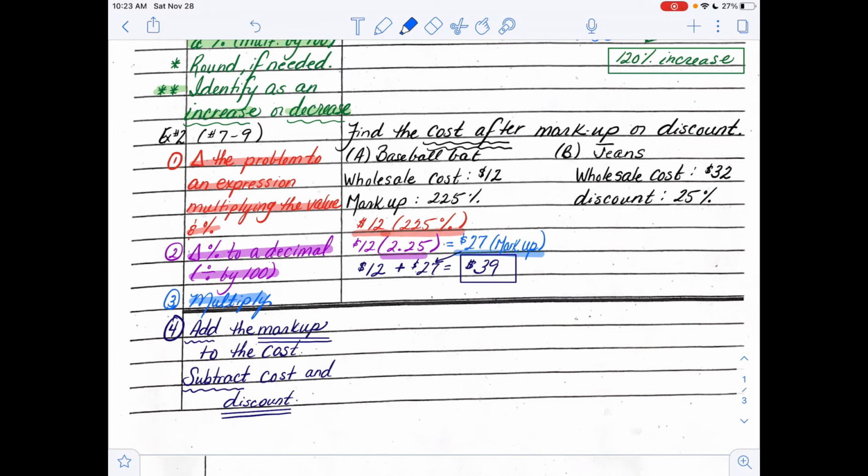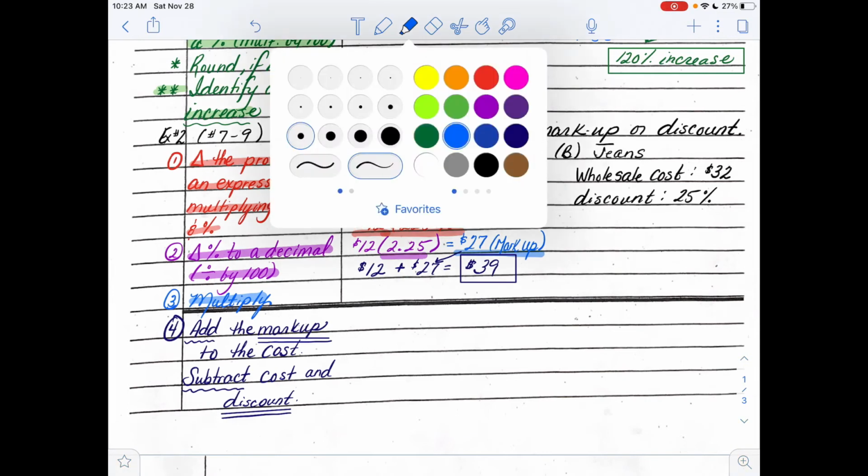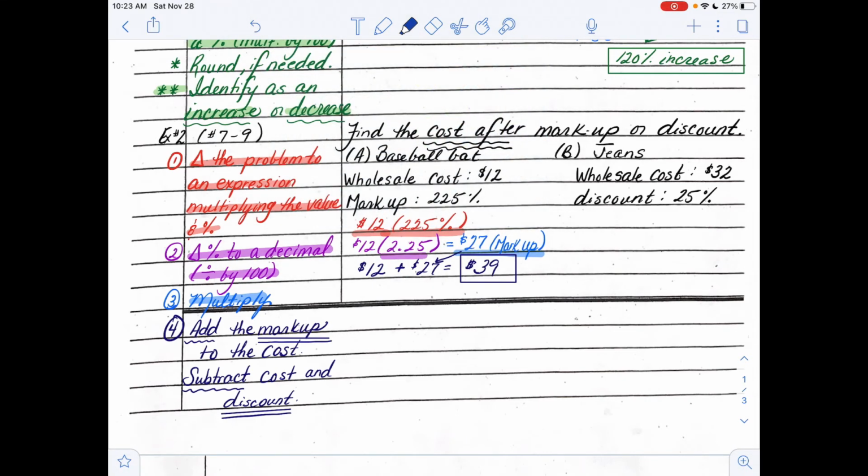That's how much extra they're going to charge their customer. So to find the actual cost after the markup, you're going to add the markup to the cost. So that $27, I actually have to add to what they bought the baseball bat for to begin with. So that's where I get my answer of $39.